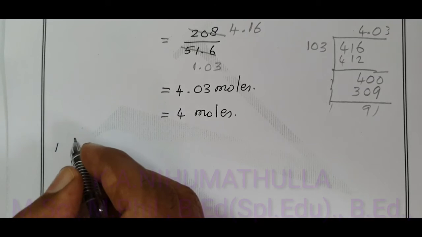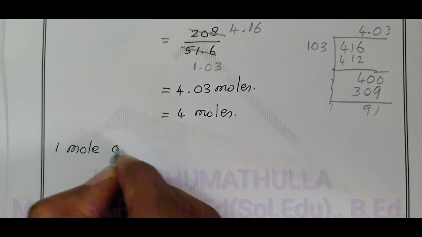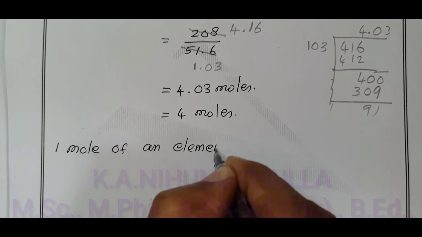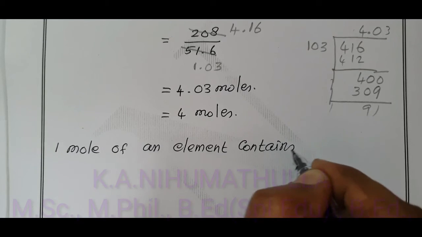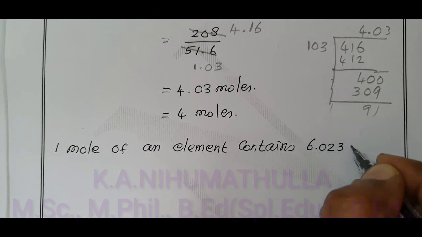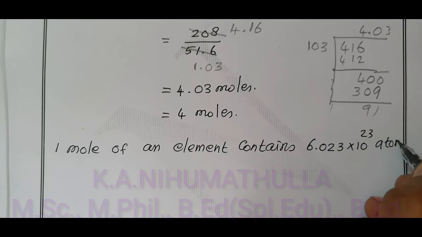1 mole of an element contains 6.023 into 10 power 23 atoms.